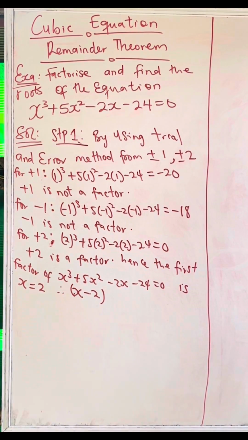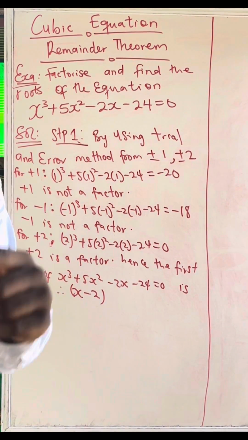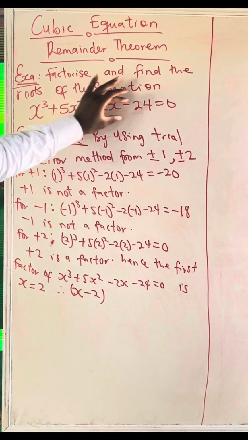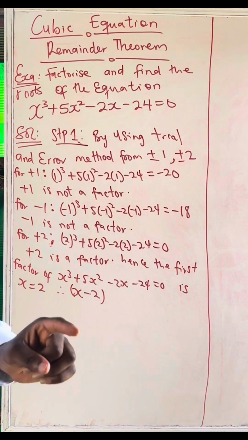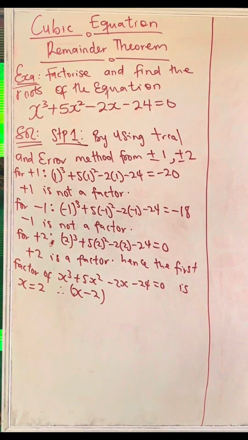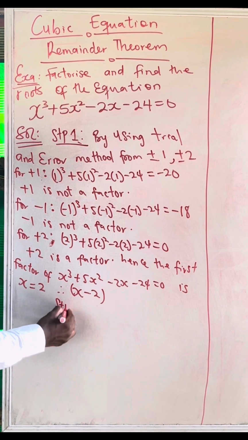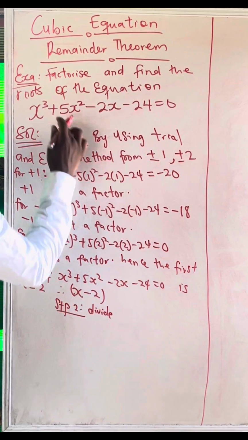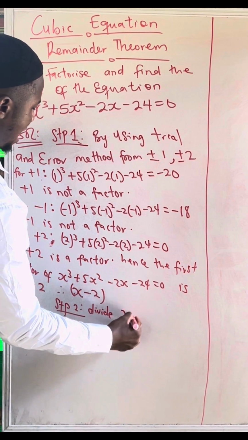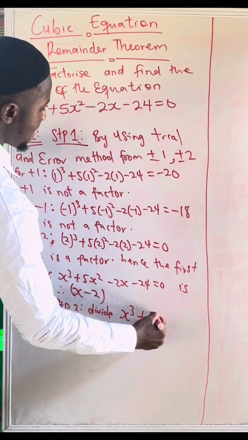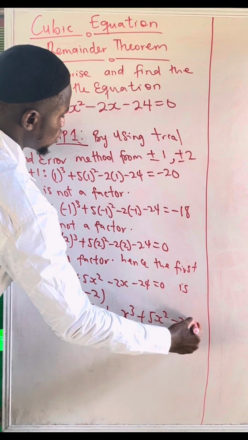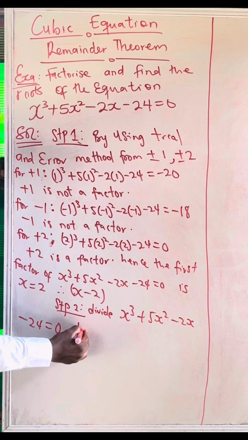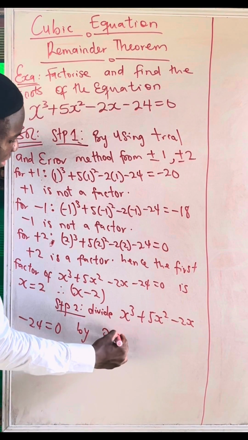So guys, after we've gotten the first factor, we will now use that first factor to reduce this expression to a quadratic equation, which we can then solve easily. So step 2: divide the equation x raised to power 3 plus 5x squared minus 2x minus 24 equals 0 by x minus 2.